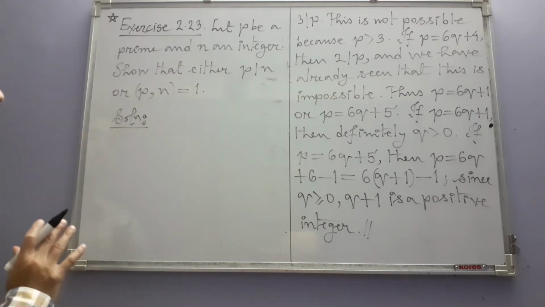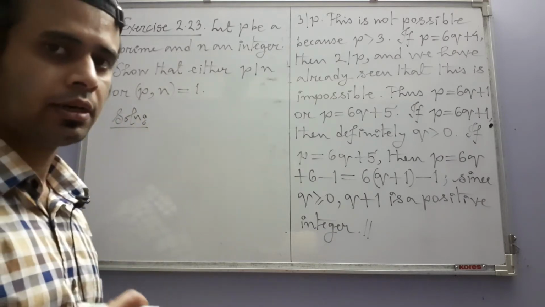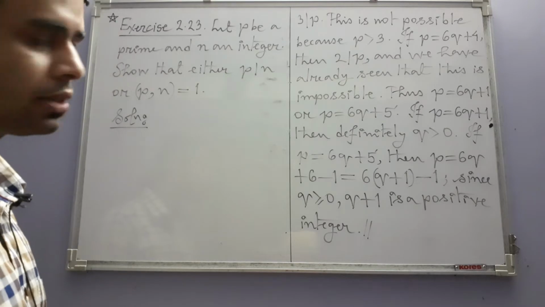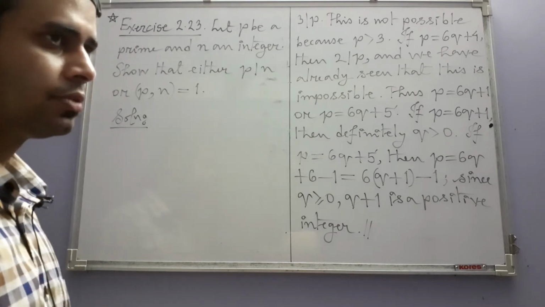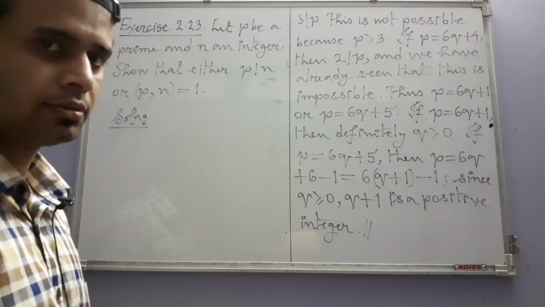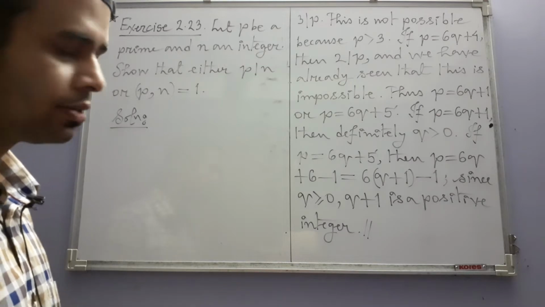Okay, so now we are given any integer n and a prime number p. We have to prove that either the prime divides n or they are relatively prime.